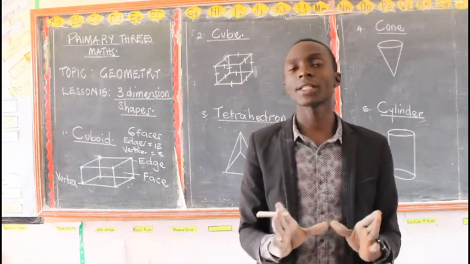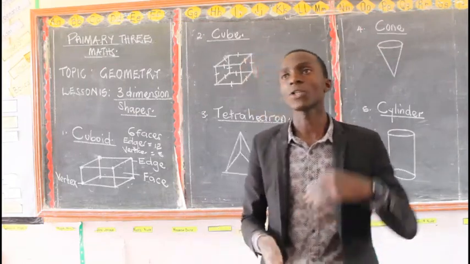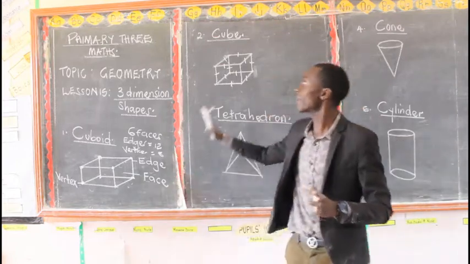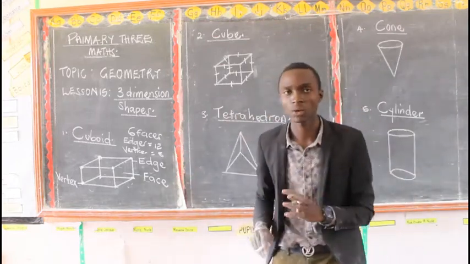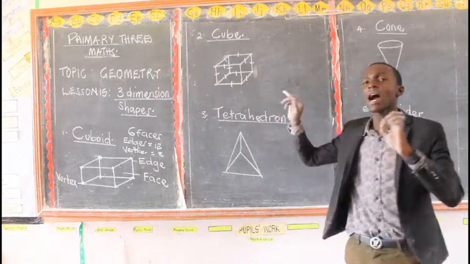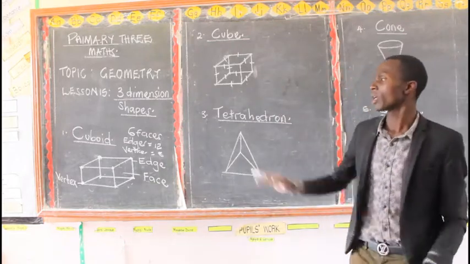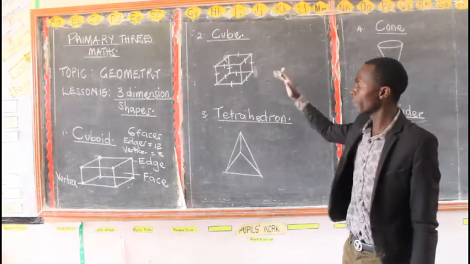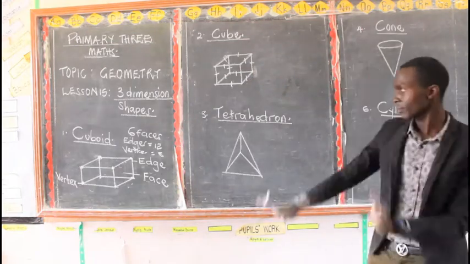A rectangle is having one side opposite to the other and another side opposite to the other. So a rectangle is not equal, but a square is having 4 sides equal. It means that a cube is having all sides equal. The same faces, the cube is having 6 faces, 12 edges, and 8 vertices.